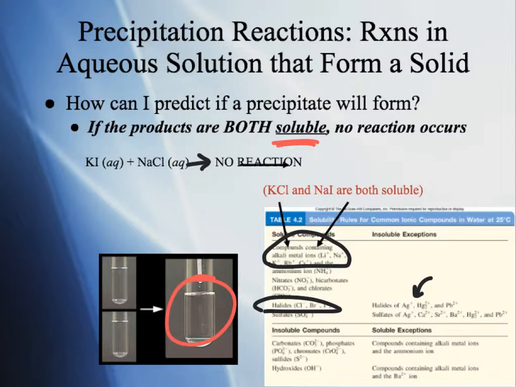The potassium iodide is going to dissociate, and you're going to have a bunch of K and I ions floating around in the water, and the sodium chloride is also going to dissociate, and you're going to have a bunch of Na and Cl ions floating around, but they're never actually going to get together because the water is going to keep them apart. So no reaction occurs when both products are soluble.